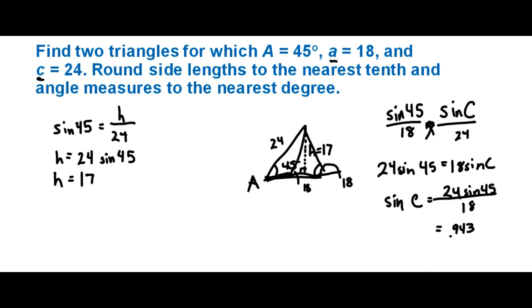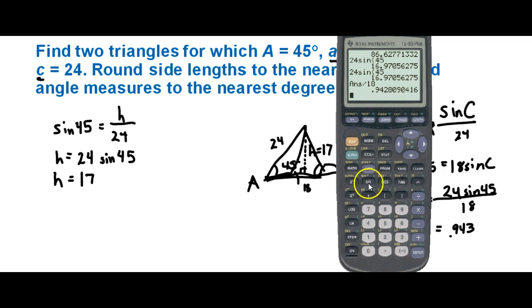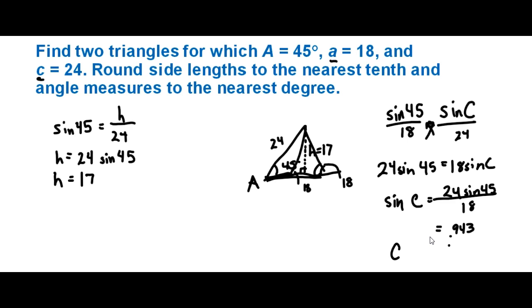So if I were to take the inverse sine of that, let's try inverse sine of 0.94, we'll say 28. I get 70.5 degrees for C. So C is the inverse sine of 0.94, and it is 70.5 degrees.